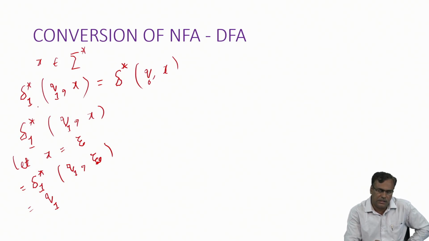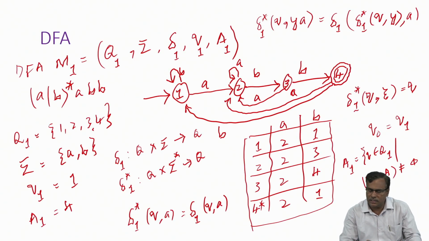I started with delta 1 star of q1 x. So I first let x equal epsilon. So delta 1 star of q1 epsilon is q1. And in the conversion, you have seen the start state in both is the same. In the NFA the start state is q naught, and in the DFA the start state is q1.